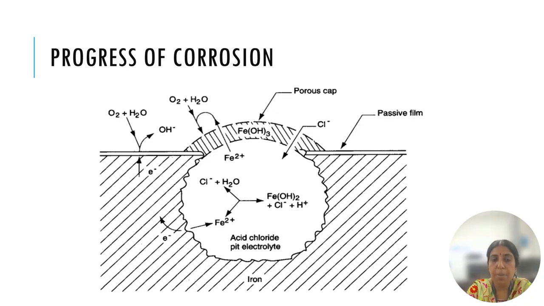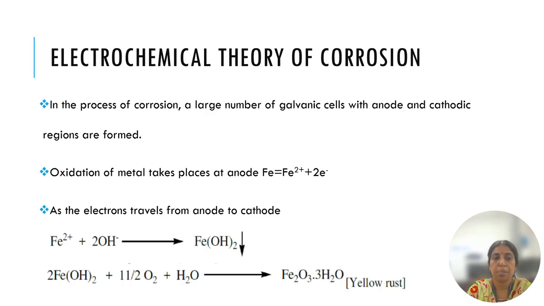But deep inside, there is a process of corrosion happening by the oxygen absorption mechanism, where more metal is corroded from the inside. This is called progress of corrosion. If you are not safeguarding or not using any good corrosion protection strategy, this corrosion will be initiated and we could have only loss of material.